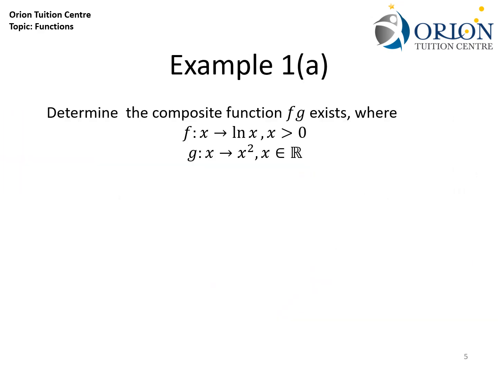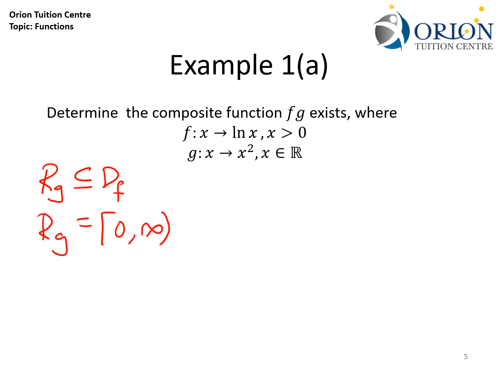In example 1a, we are asked to determine if the function fg exists, and f and g are given as such. So in order for composite function fg to exist, the range of g must be a subset of the domain of f. We can easily show that the range of g will be equal to 0 to infinity, inclusive of 0.